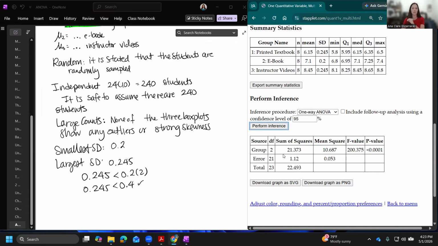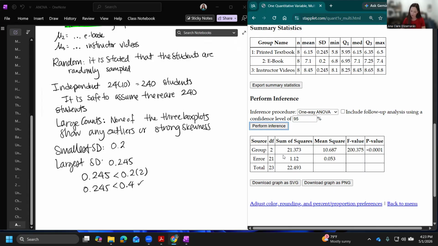I click perform inference, and I'm given the degrees of freedom for the numerator and the denominator, about the variance between the groups and within each group. Between and within is what they call them. That's what we're comparing in the numerator and denominator.